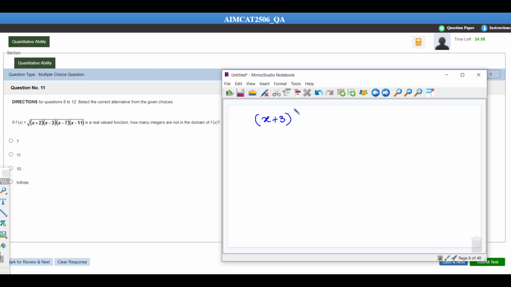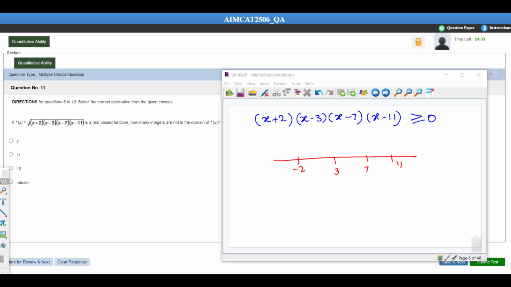Whatever is there under square root is supposed to be non-negative. That is x plus 2 into x minus 3 into x minus 7 into x minus 11. This multiplication should be greater than or equal to 0, everyone. So you need to solve this inequality. The critical points are 11, 7, 3 and minus 2.